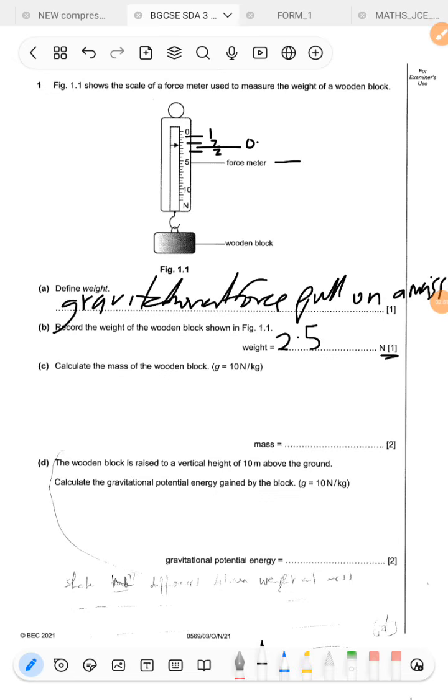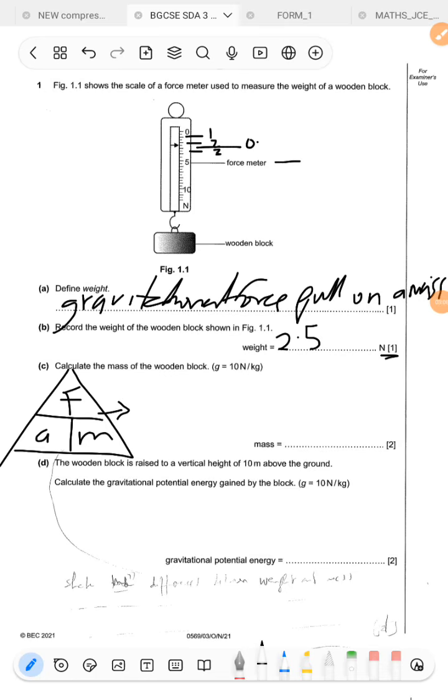C says calculate the mass of the wooden block. So what is the formula that we are going to use? We are going to use this triangle, F = ma. The force is going to be our weight, and the acceleration is going to be acceleration due to gravity.